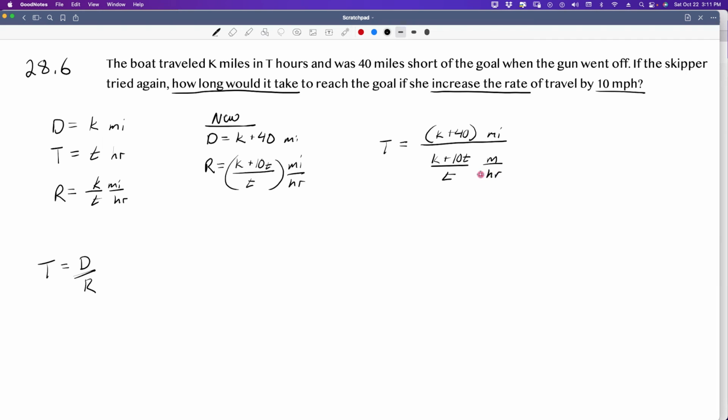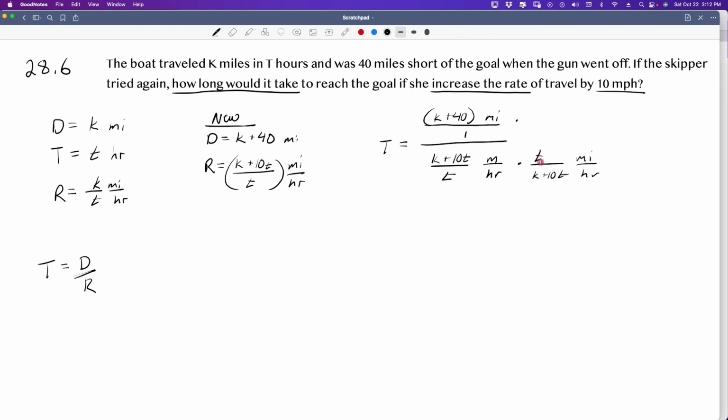So now I'm going to take the inverse and multiply the top and the bottom. So times T over K plus 10T miles per hour. And then we would do the same thing here. I'm going to do the same trick that I did last time and just move this up and make it over 1.